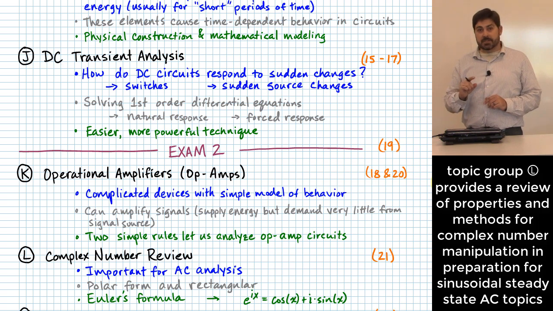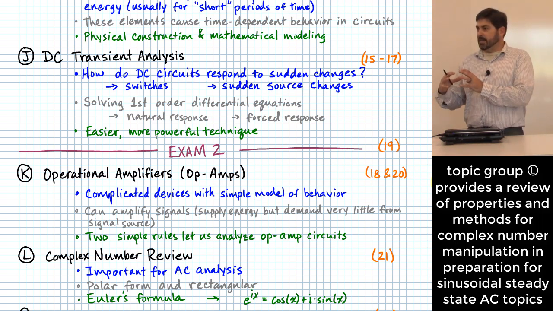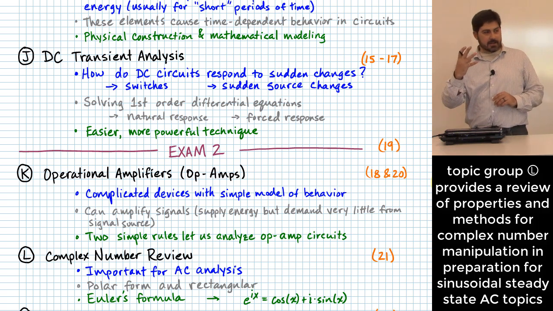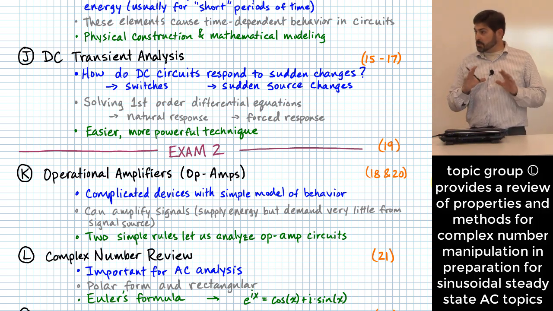And that change is that instead of operating on numbers that are entirely real, we operate on numbers that are complex, meaning they have a real component and an imaginary component. All right? Once we've got that change in there, the techniques themselves don't really change.